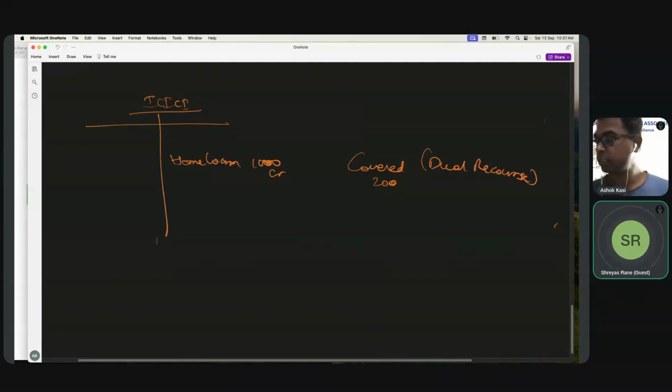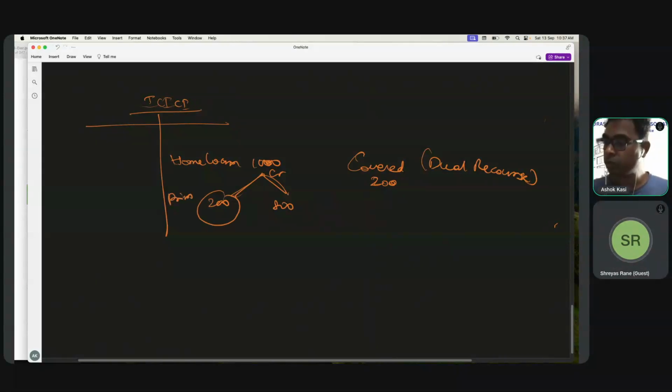First one: how will I repay? From this 1,000 crore, I will segregate 200 crore of loans, which are all prime borrowers, good borrowers. So there are fewer chances that they will not pay. So first safety, hand-picked good borrowers. That is the first protection for these investors.